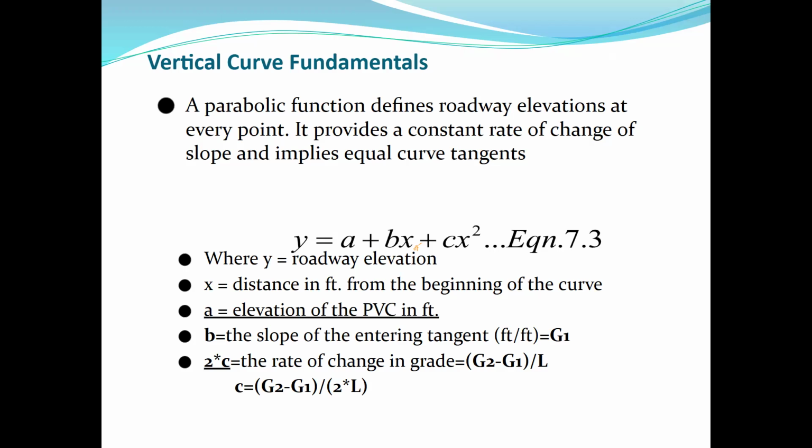If I do that, it comes out to be 1 over 1,200, something like this. So you could figure out what the C value is going to be by simplifying this expression.